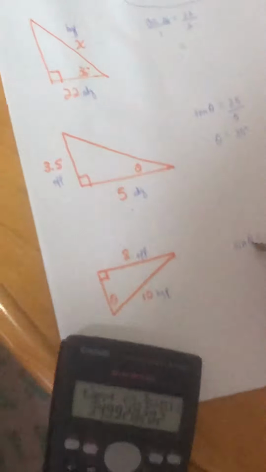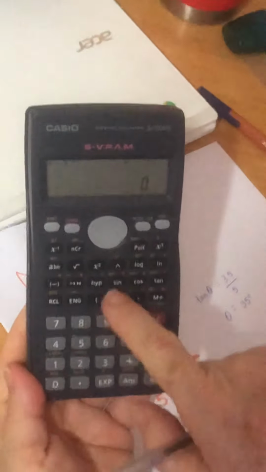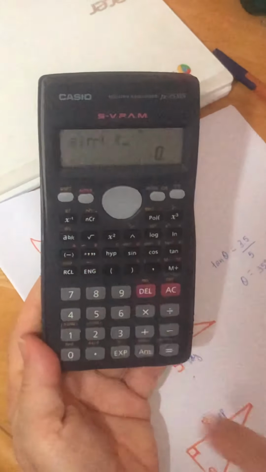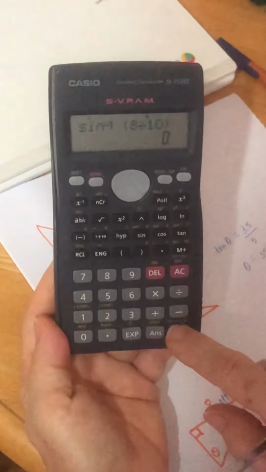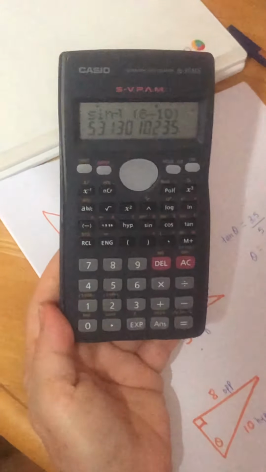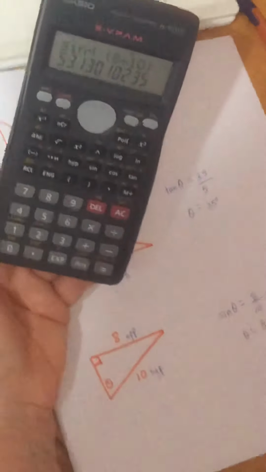Again, since we want the angle, we're going to do the inverse. So here we punch in shift sine, open parentheses, 8 divided by 10, and you close parentheses. And that angle to the nearest degree would be 53 degrees.